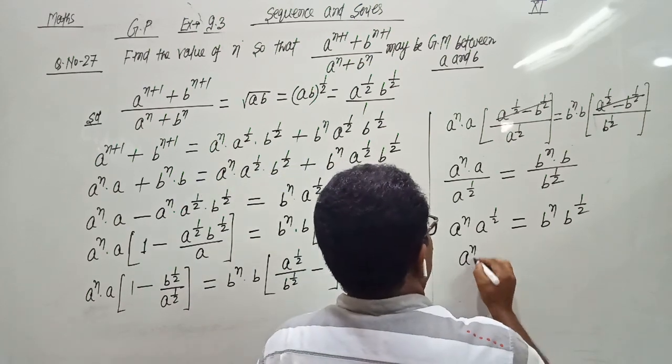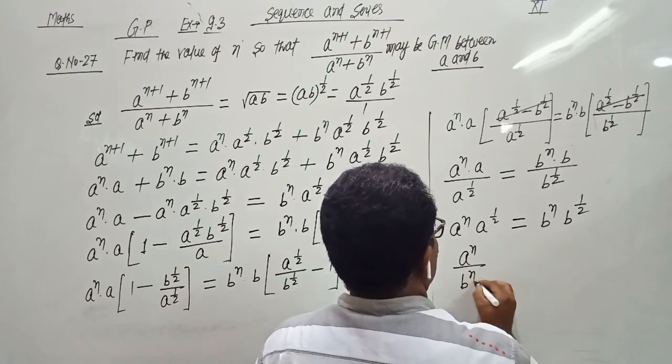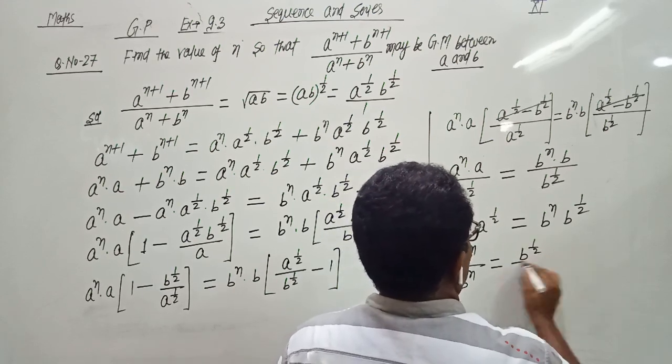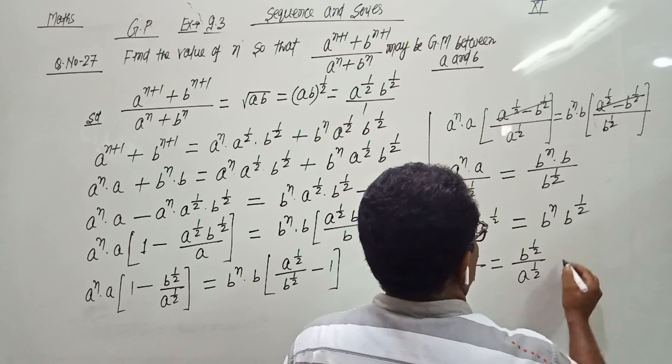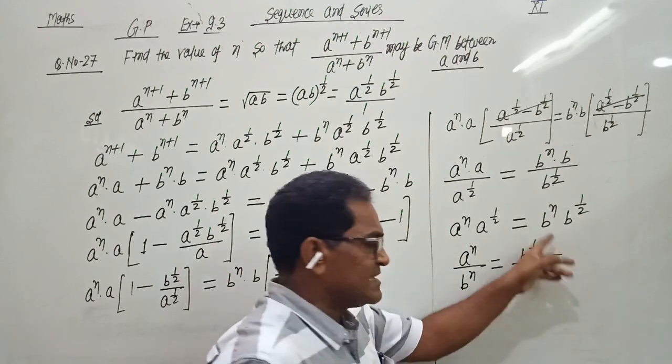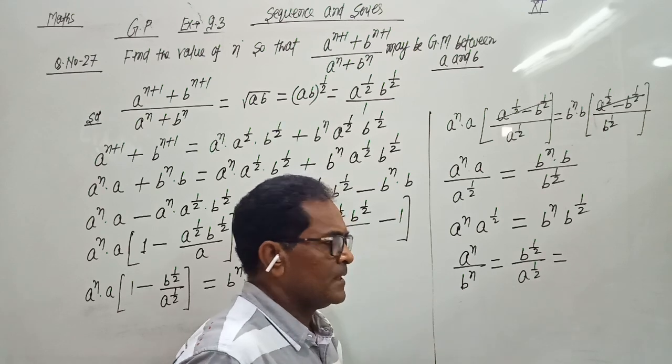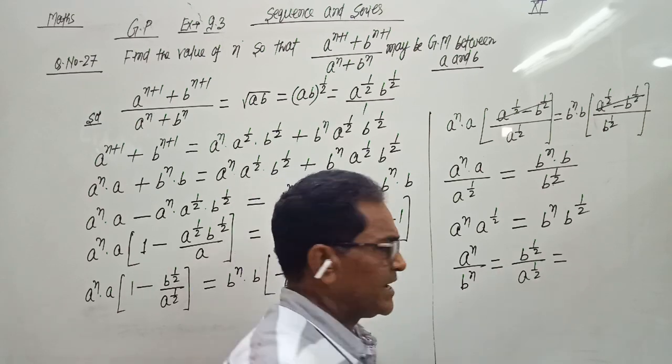Then a raised to the power n upon b raised to the power n equals b raised to the power 1/2 upon a raised to the power 1/2. When we change the places of numerator and denominator, the sign of the power gets changed.